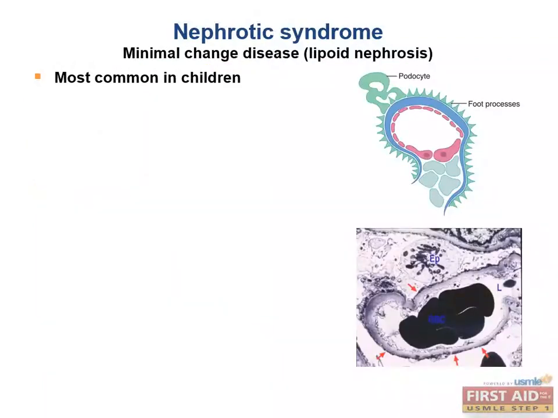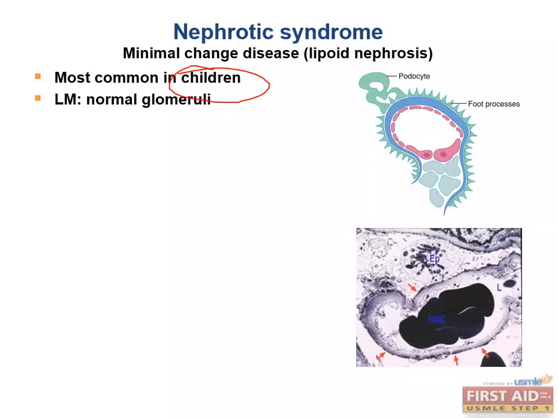Now that we've talked about the common causes of nephrotic syndrome in adults, let's talk about minimal change disease, which is the most common cause of nephrotic syndrome in kids. So, will you see anything abnormal on light microscopy?